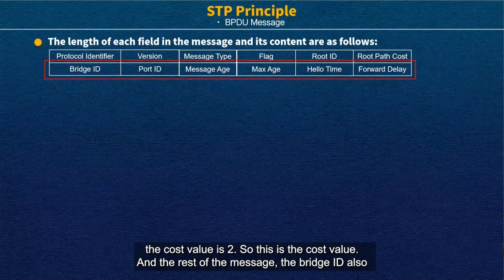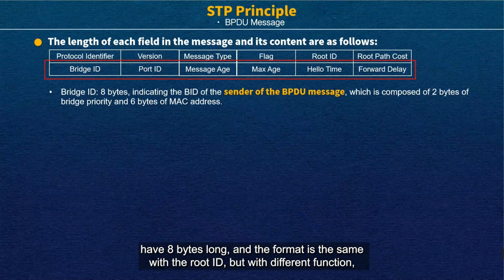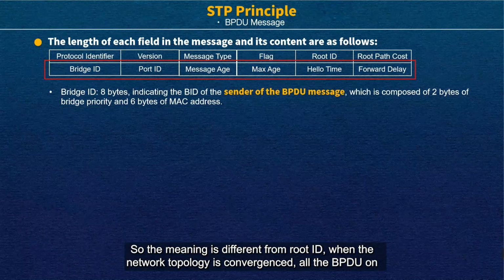And the next part of the message, the bridge ID, also has 8 bytes long, and the format is the same as the root ID, but the function is different. It indicates who sends out the BPDU message, so the bridge ID is the information of this switch. So the meaning is different from the root ID.